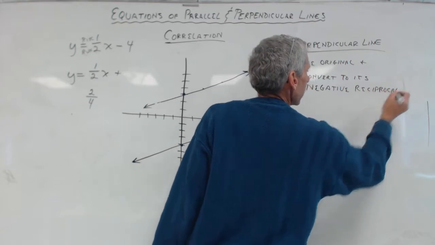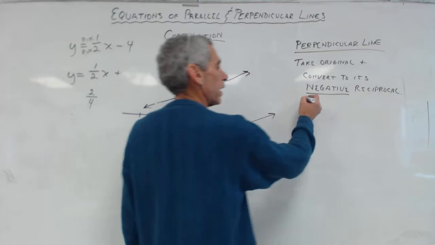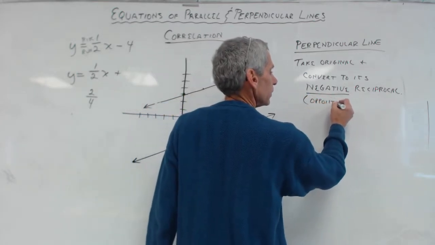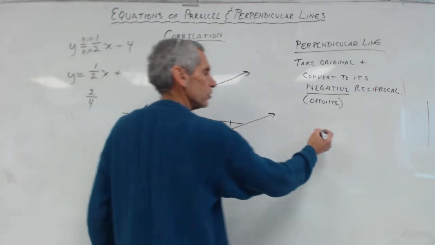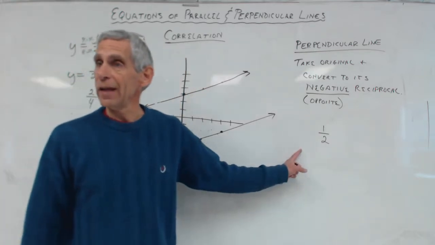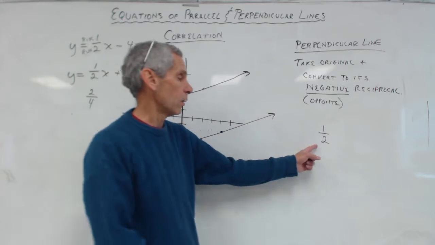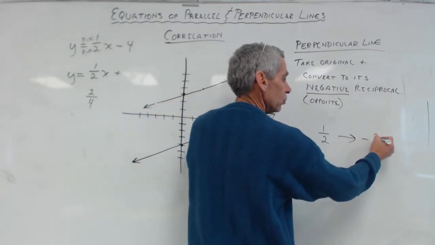You can either use the word negative or the word opposite, because sometimes when I say negative, people get confused. If the slope is 1/2, then the slope of a line perpendicular to it would be negative 2/1.